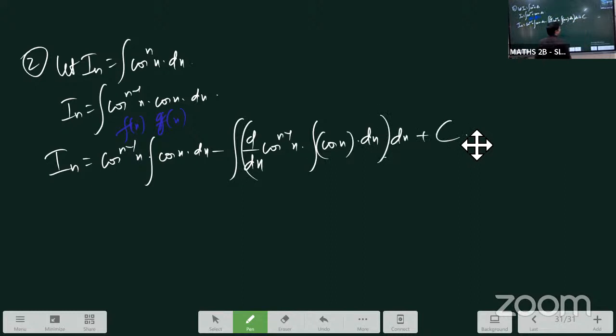Actually, plus c will be there every time. Every time plus c. Add all constants. At last, you will get one big constant, and that will be the required answer.